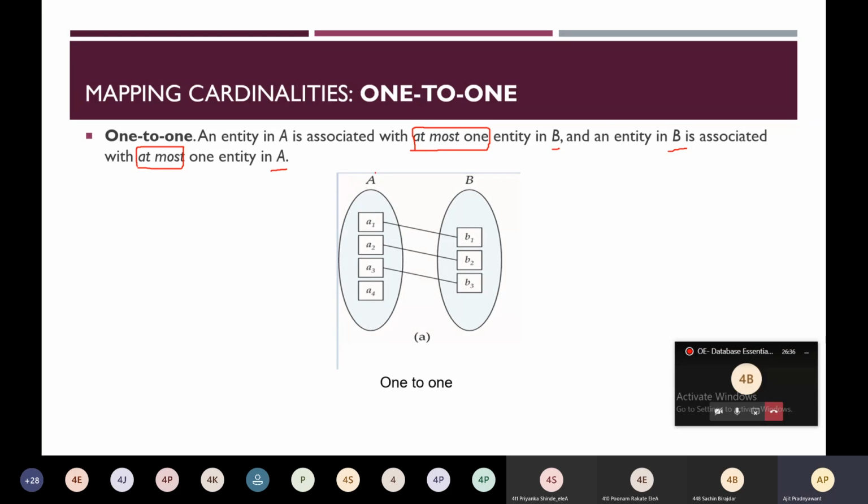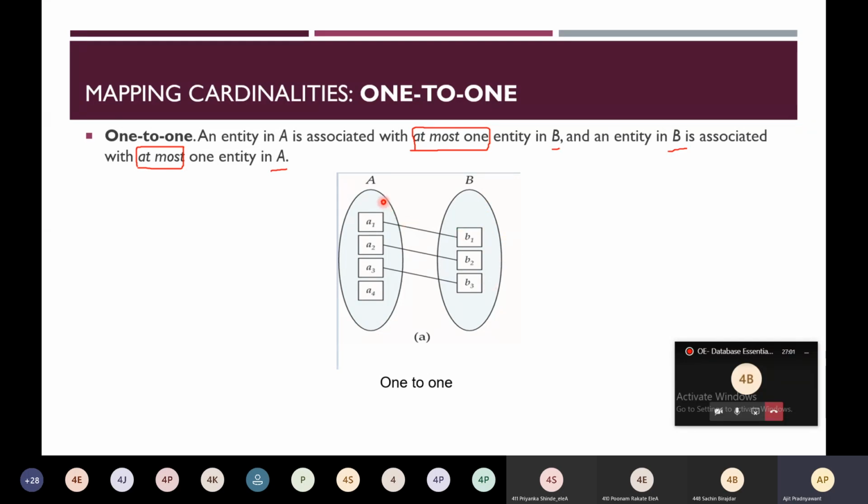So this is our entity set A. This is our entity set B. And these are the entities present in the entity set A: A1, A2, A3, A4. And these are the entities present in the set B: B1, B2, and B3.